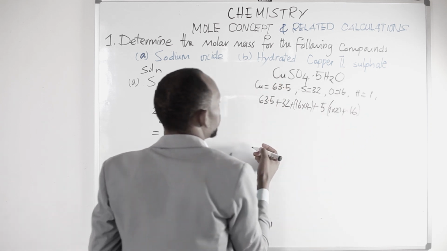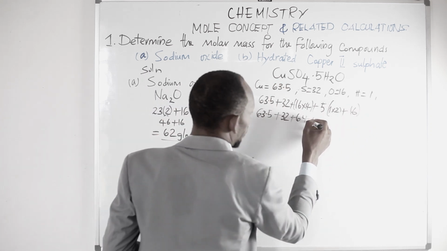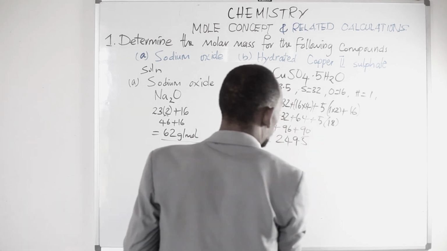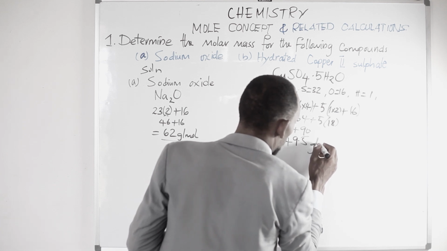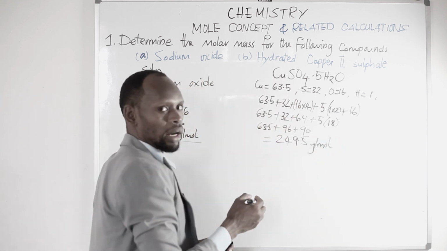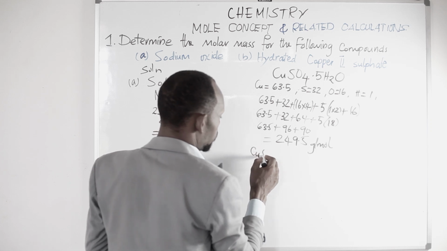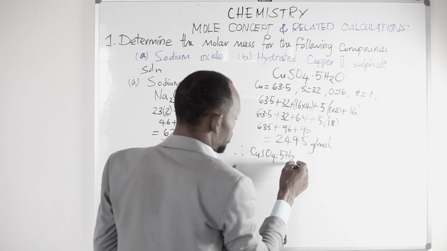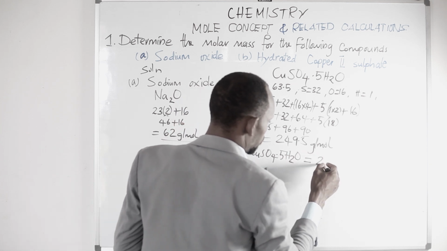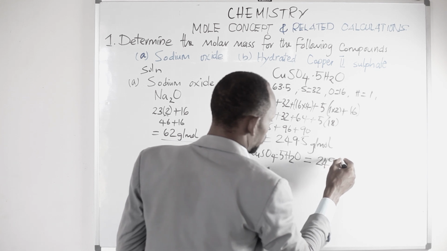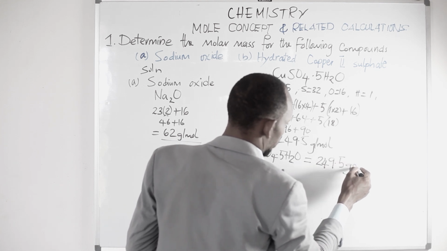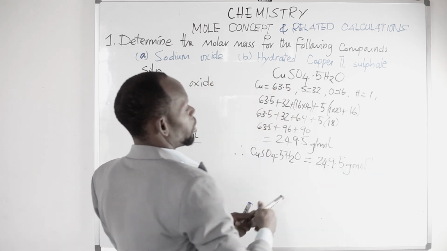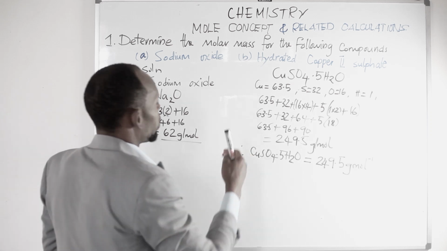Collecting that, it will be 249.5. The SI unit is gram per mole. So copper 2 sulfate pentahydrate equals 249.5 gram per mole. Sometimes g per mole can be written in exponential form or in fraction form.